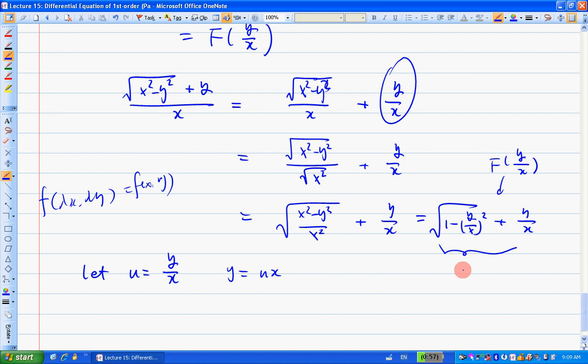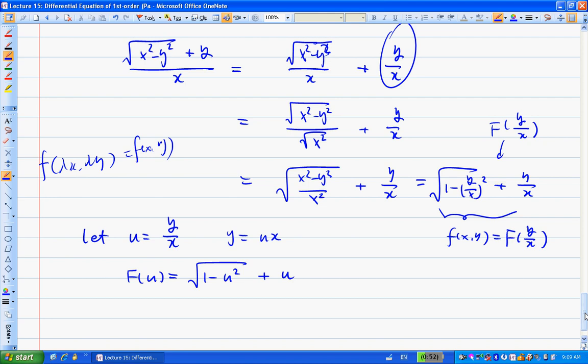Here is your function f of x, y, or capital function of y over x. Since I'm letting u equal to y over x, this function is basically f of u equal to root of 1 minus u squared, plus u.